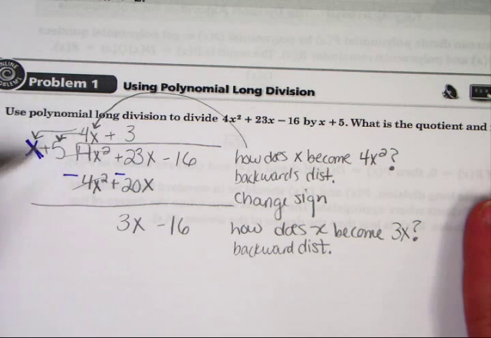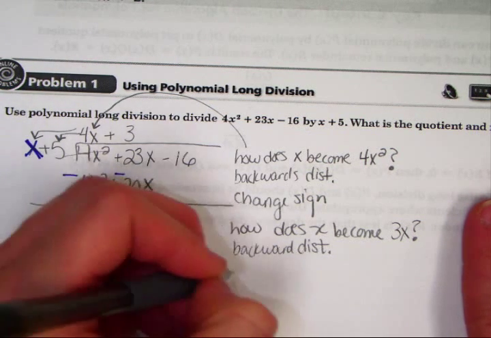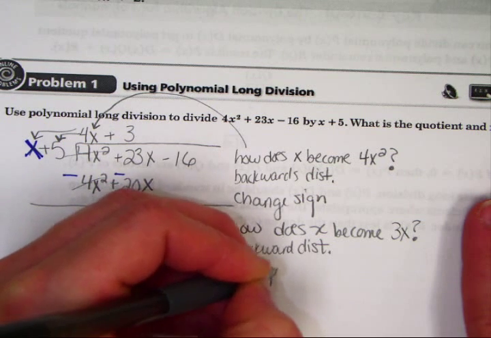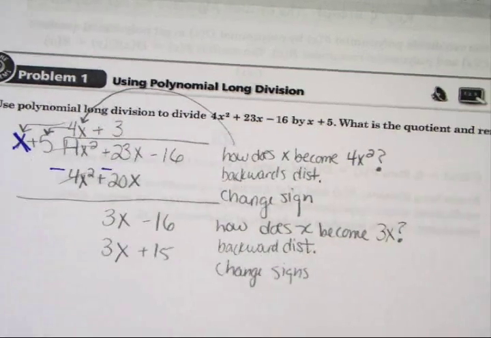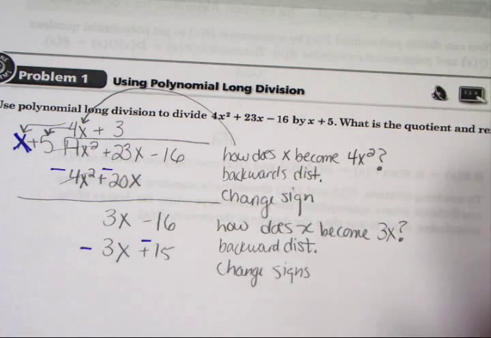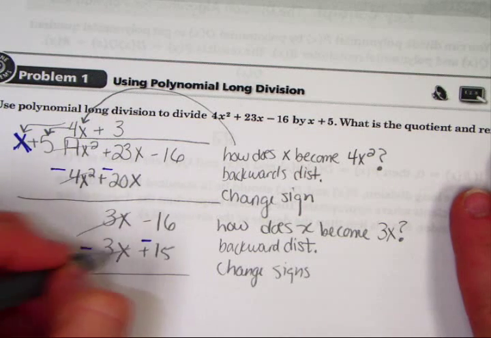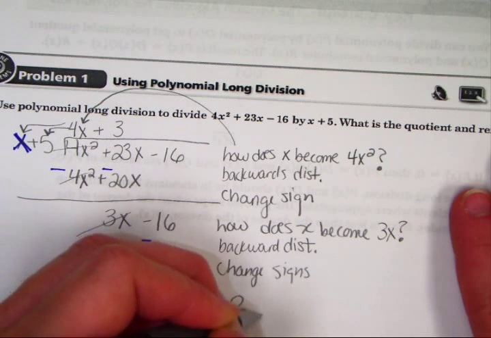And here we go. So 3 times x is 3x. 3 times 5 is plus 15. And now, just like you would in regular division, you have to change your signs. So we get minus 3x and minus 15. You end up canceling these, and you get negative 31 as your remainder.